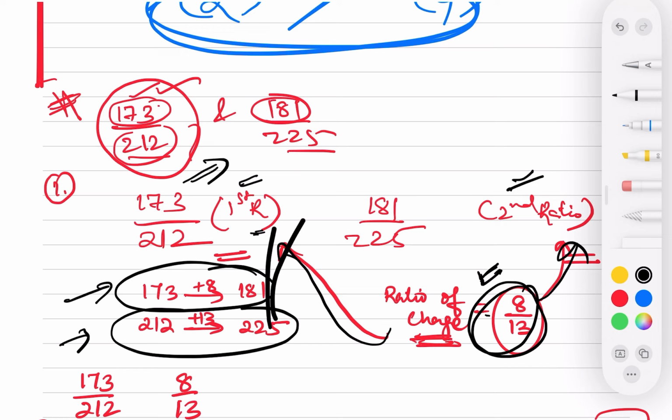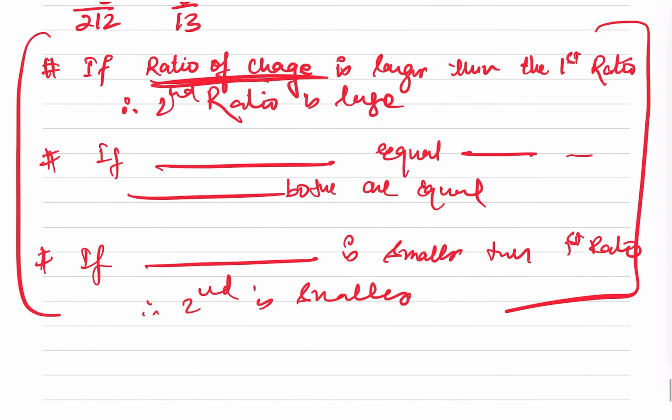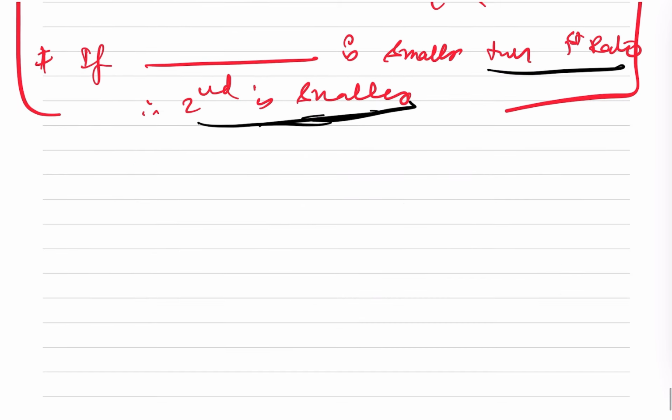So just note down all the results. If the ratio of change, that is what you have calculated, is greater than the first ratio, then the second is larger. If the ratio of change is smaller than the first ratio, then the second is smaller. Understanding? Are you understanding this?